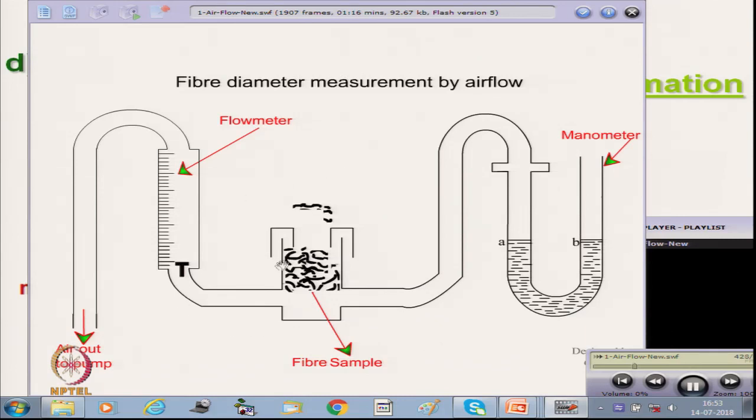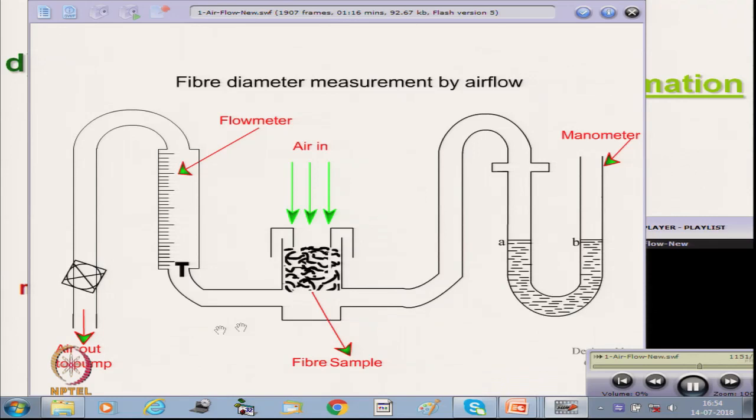This is a known, fixed mass of fiber, and for a particular instrument the mass is constant. It is gauged so that the direct reading of this flow is proportional to the mass per unit length. So, this is gauged either in terms of mass per unit length or in terms of diameter directly, and that is based on a specific mass of fiber.